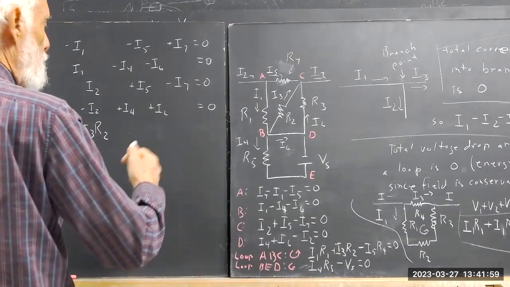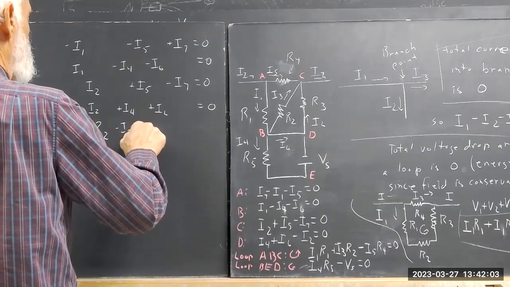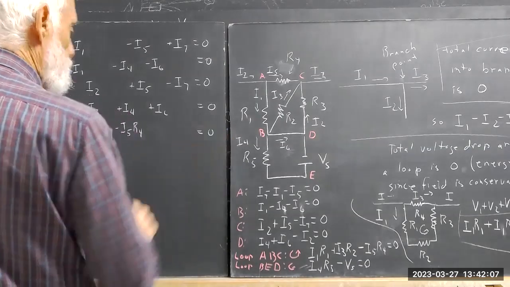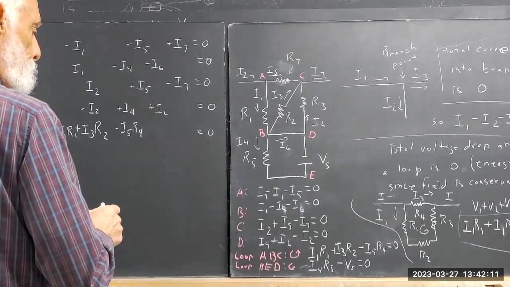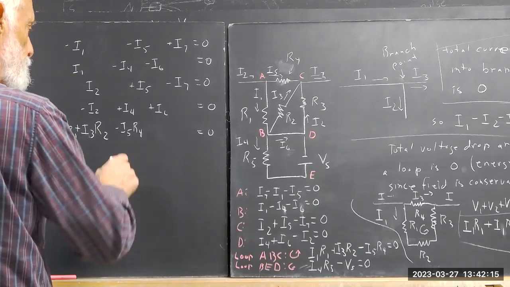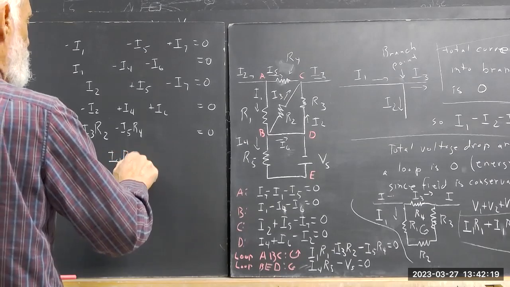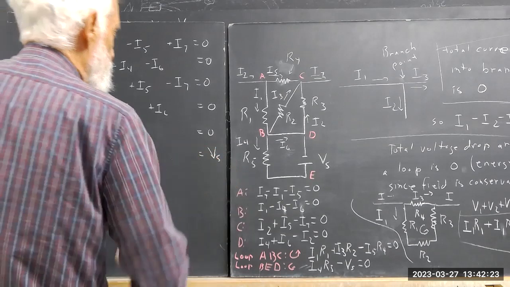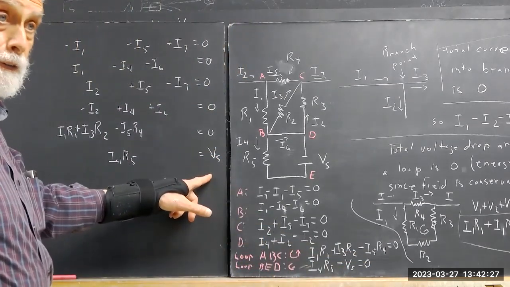I3 R2 minus I5 R4 equals 0. And then, having written the equation like this, I'll put a VS over on this side because it's done.